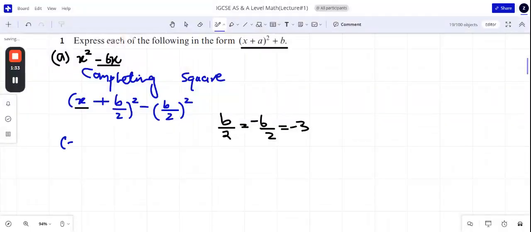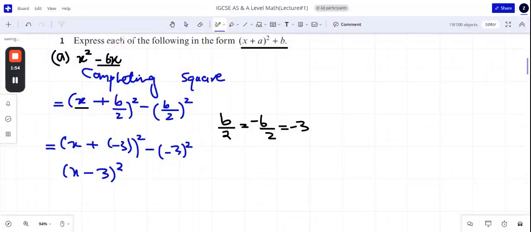We will bring down the same x. So instead of b/2, we will write here (-3)² minus (-3)². So now (x + (-3))² minus, and the square of the minus always will be plus, and 3 square is 9.